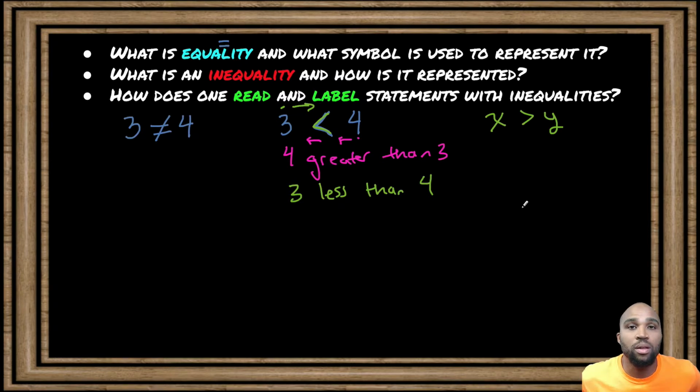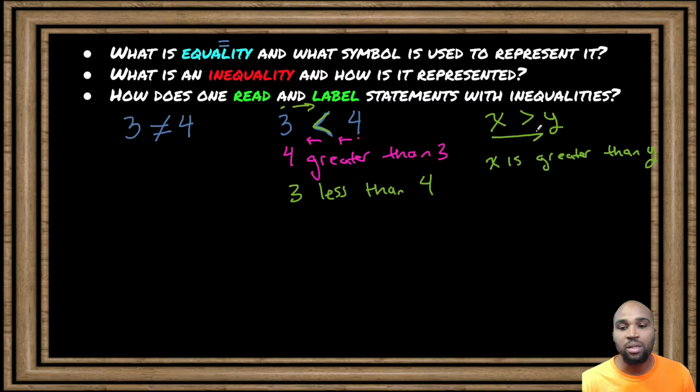Well, we can still talk about this relationship by simply saying that X is greater than Y. But as I told you before, we can also read it backwards and say that Y is less than X. And both statements are true, right? Just like 3 was less than 4 and 4 is greater than 3, both statements can be true.